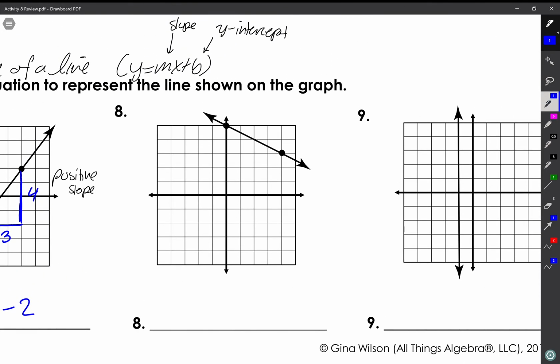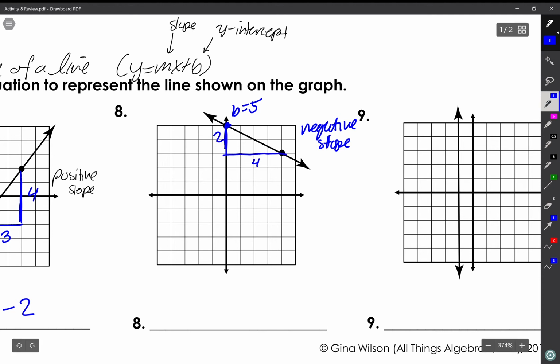Okay, next. I can already tell from the beginning that b right here is going to be 1, 2, 3, 4, 5. Now my slope. It's a negative slope because when we go from left to right, our line is falling, or going down. All right, so let's do the rise and the run. The rise is 2. The run is 4.